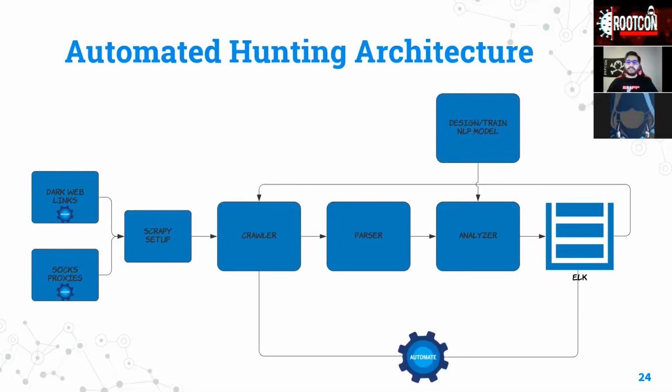This part is not entirely automated. You need to do some things manually, like going through the HTML code and looking at how the page is structured. And then you set up the scraping, and then you start your scraping.